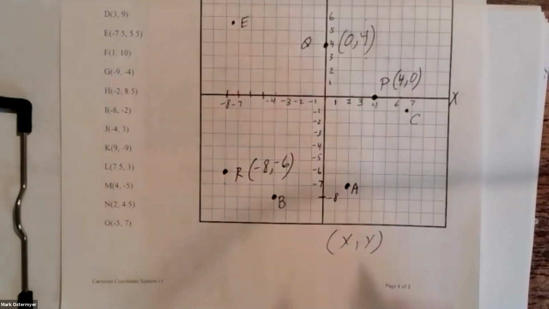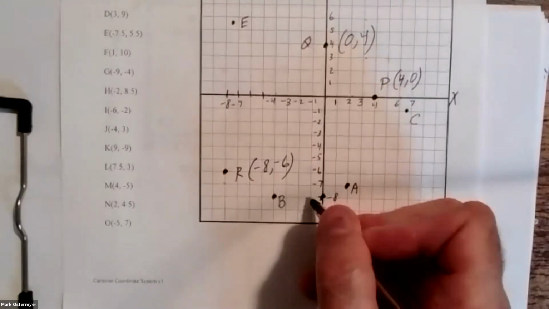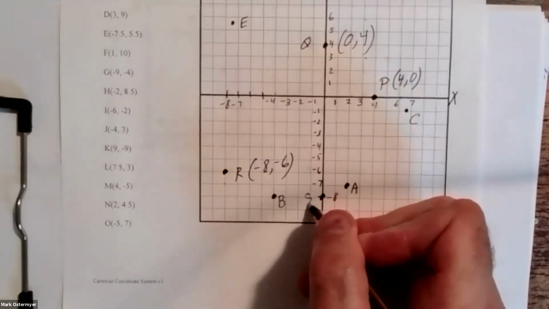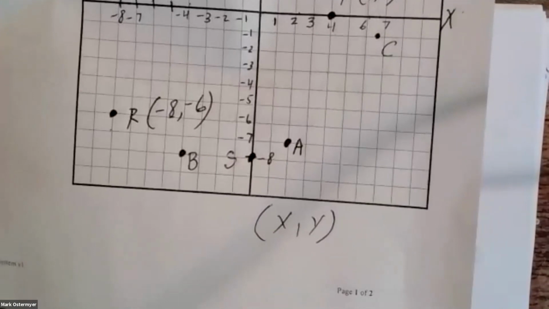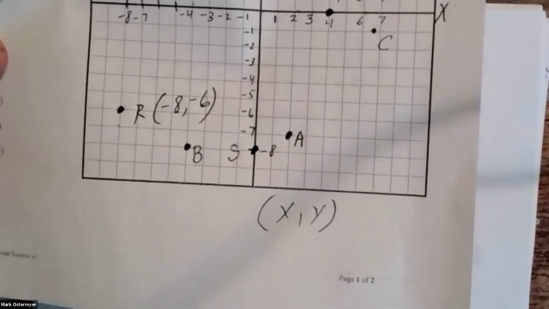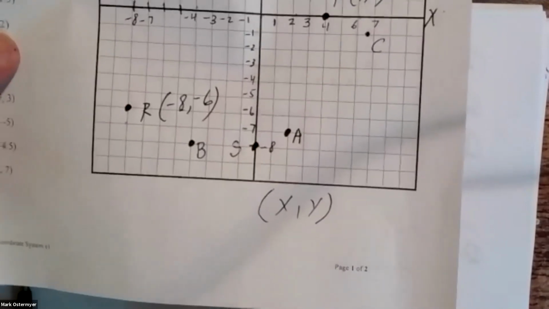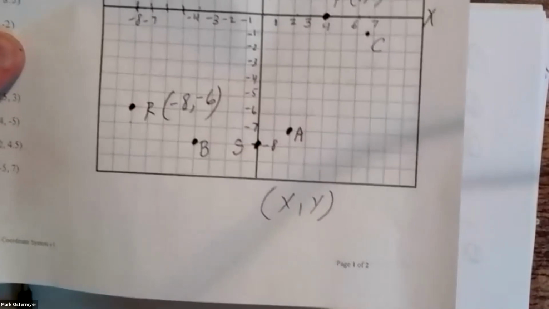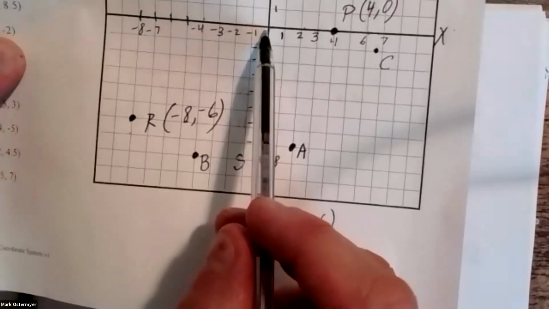So what point would this be right here? I'll call it point S. What would be the x and y coordinates of point S here? What's the x coordinate? Is it 0? You project this point up to the x-axis, it strikes the 0th tick mark.